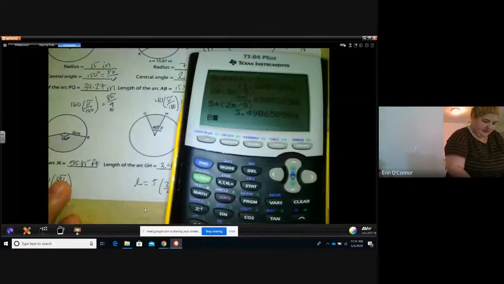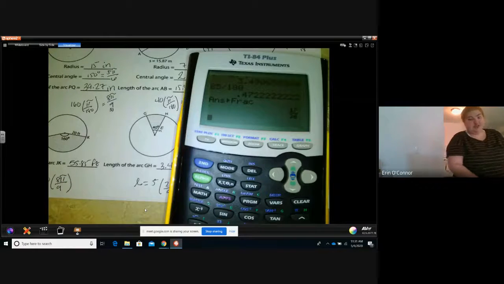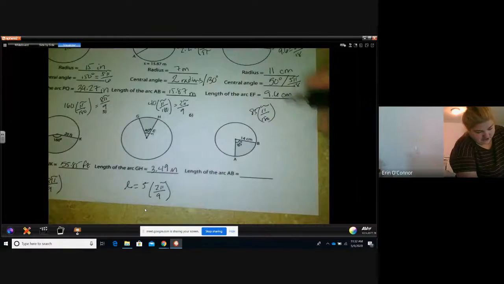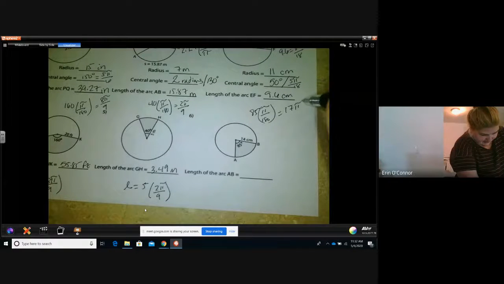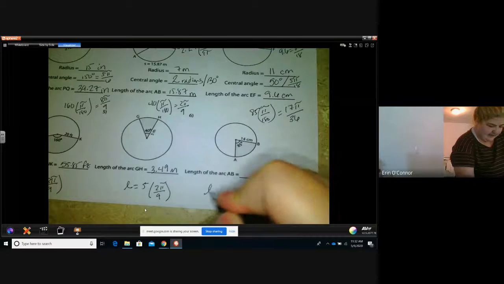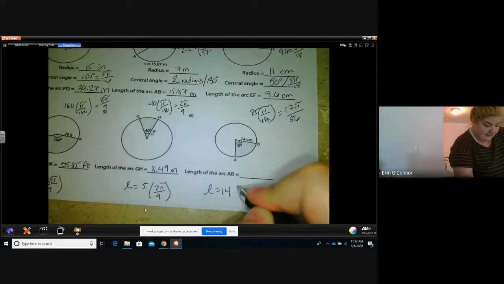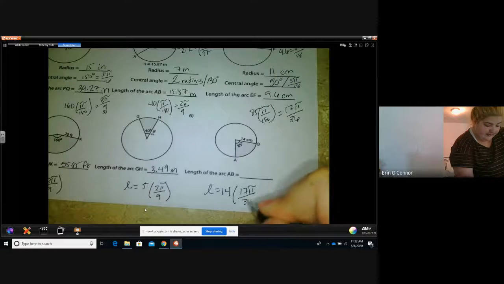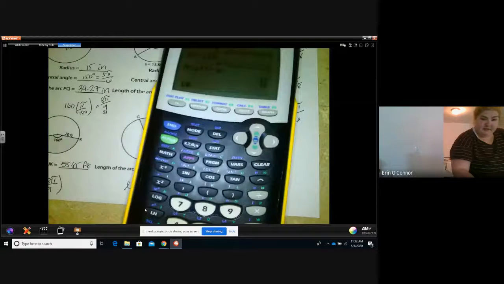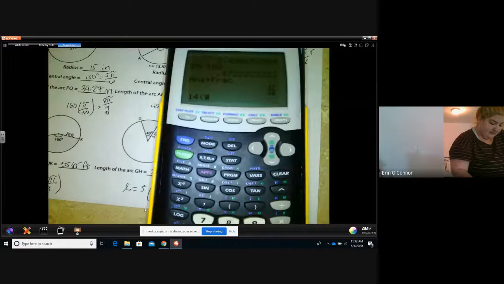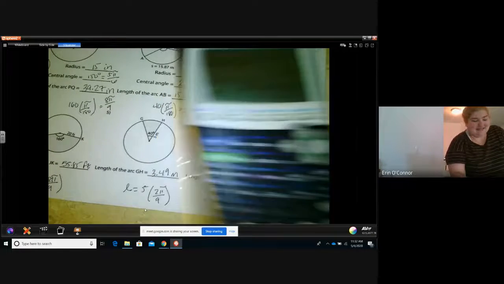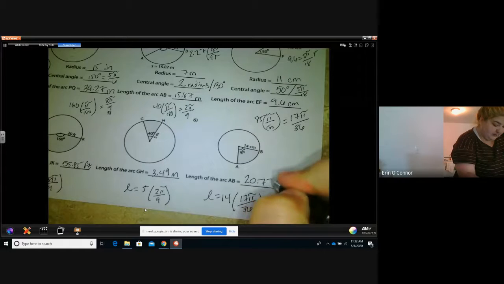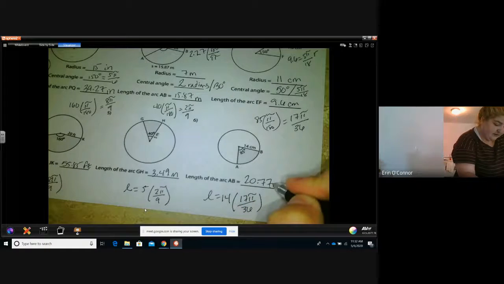I don't know what that reduces to off the top of my head, so I'm going to put it in here, press math, enter, enter, and it reduces to 17 over 36. So 17 pi over 36, and I get length is equal to 14 times 17 pi over 36. Plug that in. A lot of this is just going to be plugged into this formula. So once you get the formula, you're pretty golden. And this one gives you 20.77. Okay, this one's centimeters, so put a C there.